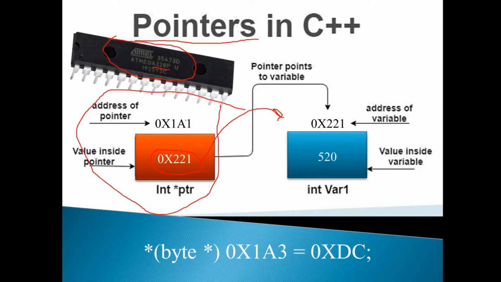So this memory cell holds the pointer pointing to another memory cell, which has the final variable value. I'm sure it looks like rocket science to you guys, but believe me, at the end of the day you will find it very easy.